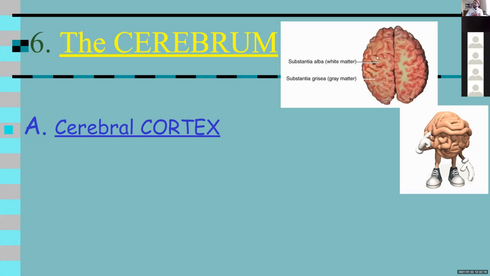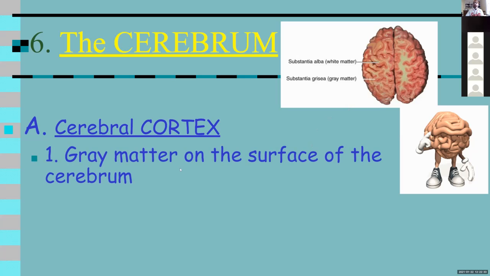And even more focused, most of that connection between neuron and neuron is happening here in the gray matter, which we call the cerebral cortex. So the cerebral cortex is the gray matter on the surface of the cerebrum.